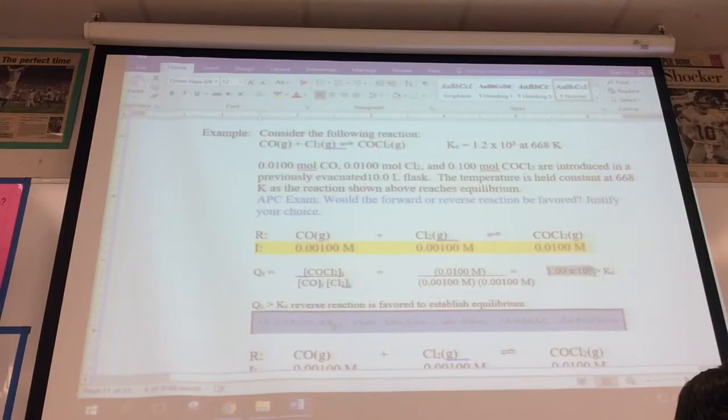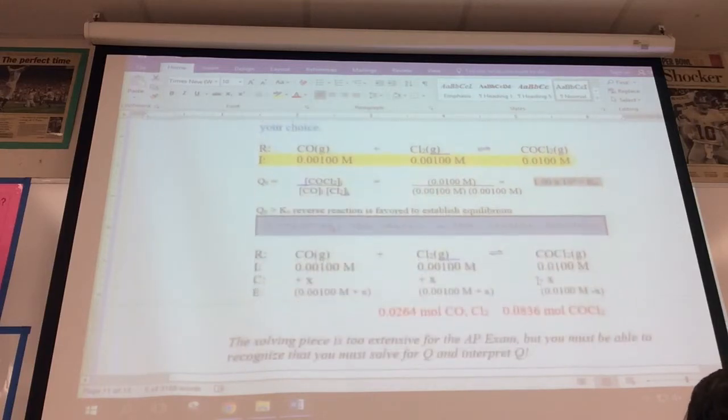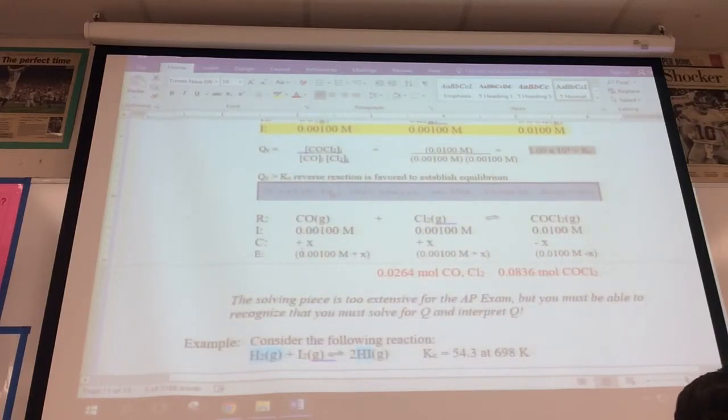Here's my Q, and it's greater than the Kc that's given. So if Q is greater than Kc, which reaction is favored? Reverse. So if you're running in reverse, you will subtract from which side? The right side, and that's what you're seeing here. So if you have initial amounts, you have to figure this out.